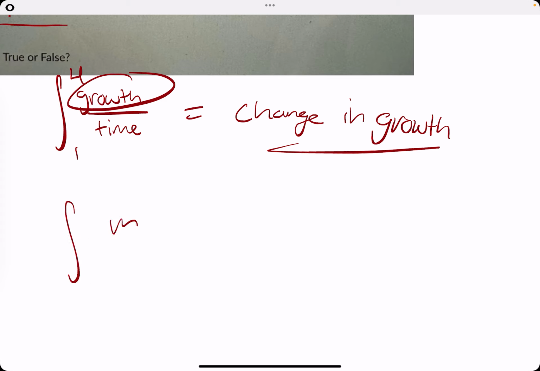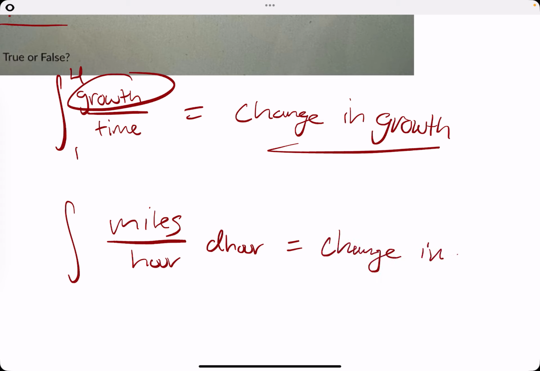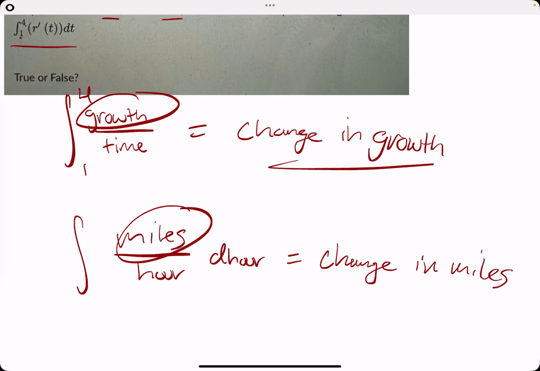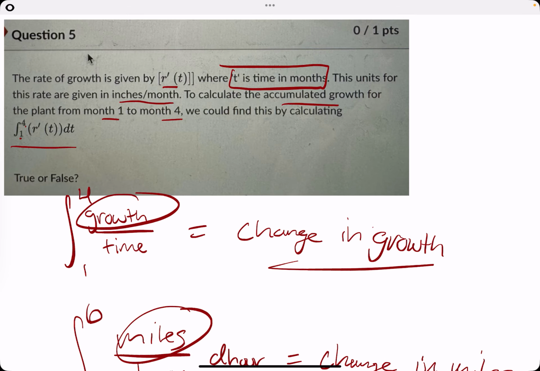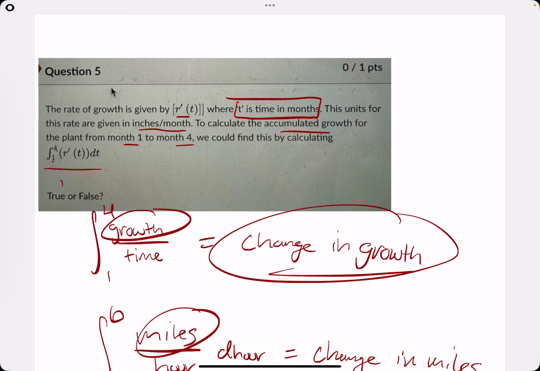For example, if you were integrating miles per hour with respect to hours, d hour, you would get change in miles. So the change in distance, the distance between A and B. That's why it calculates the accumulated growth or change in growth from 1 to 4.